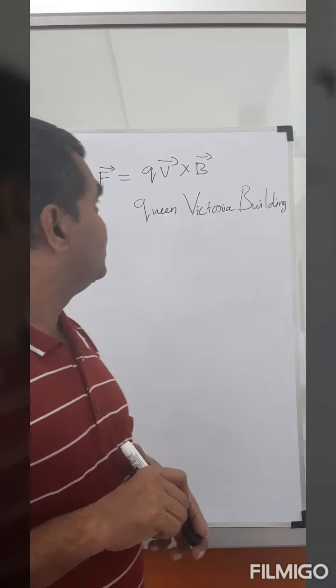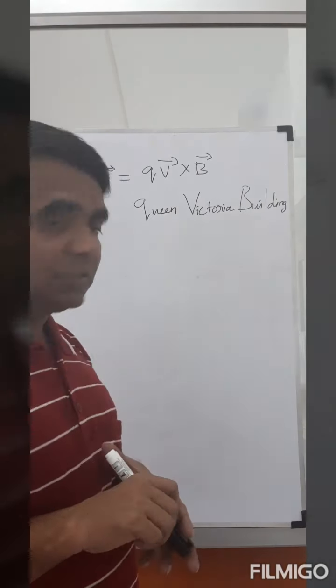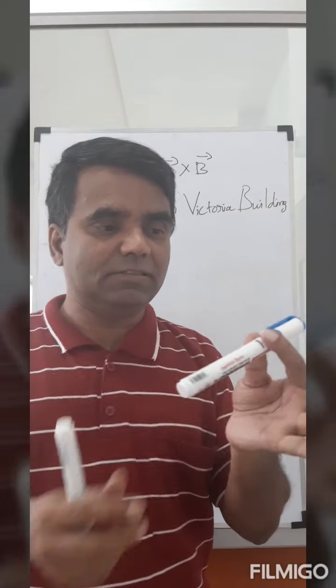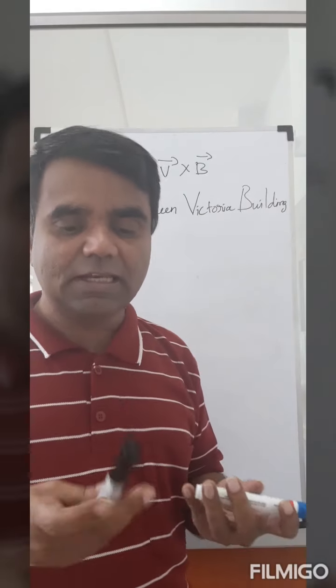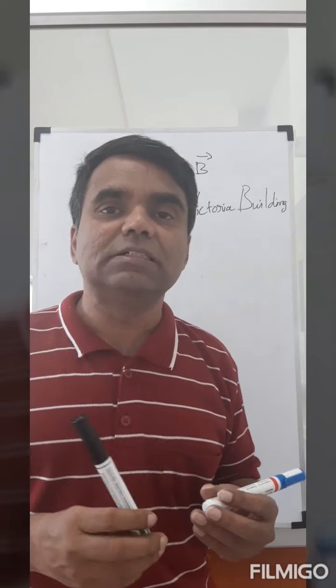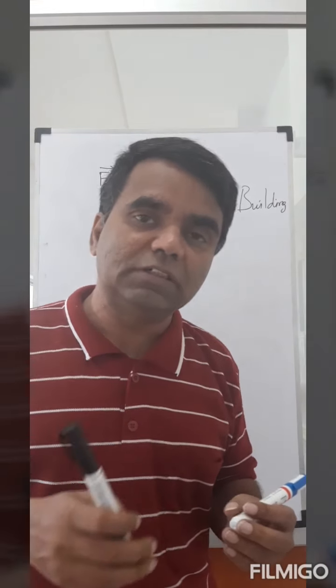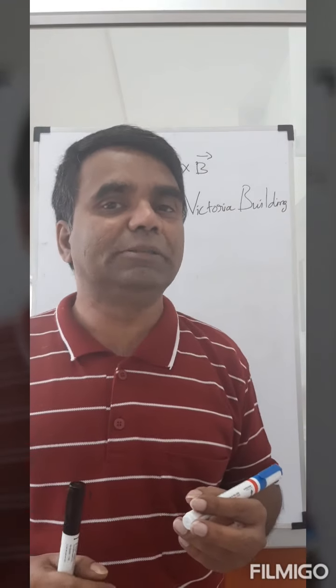So what it tells you, let me explain once again. Let me take this blue as the direction of the magnetic field and this black as the direction of the velocity vector of the charge.